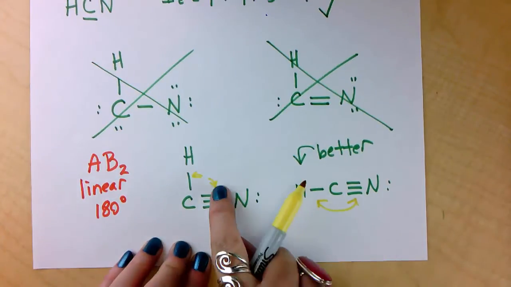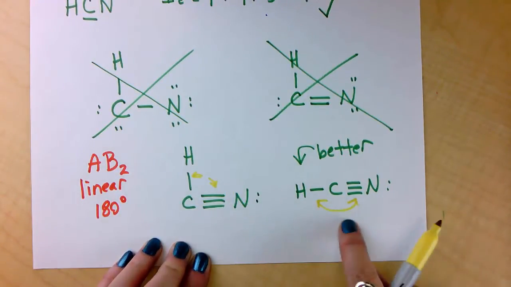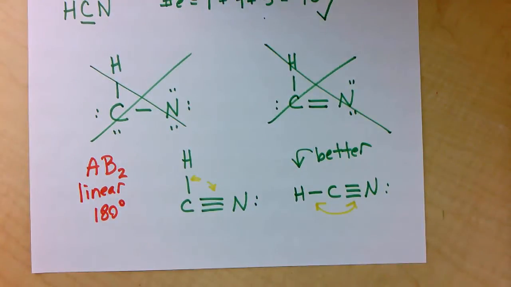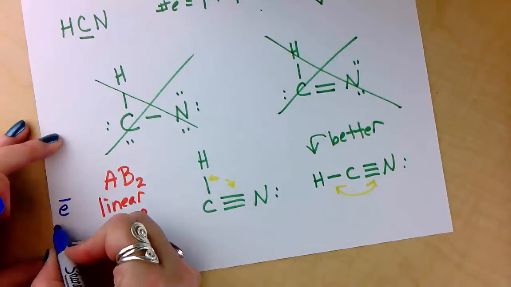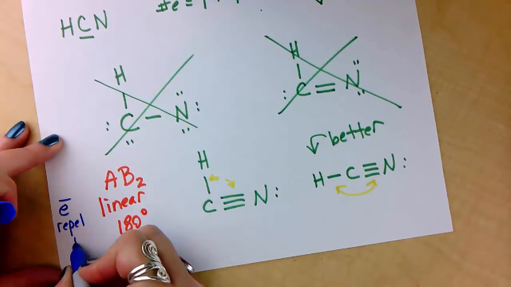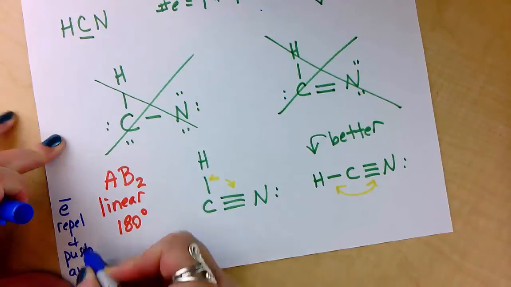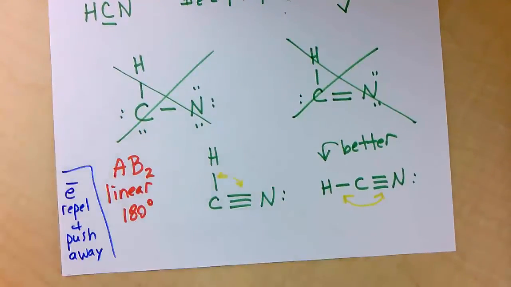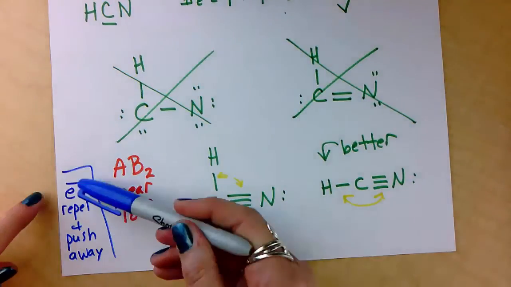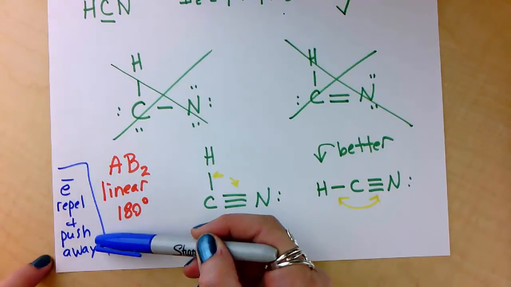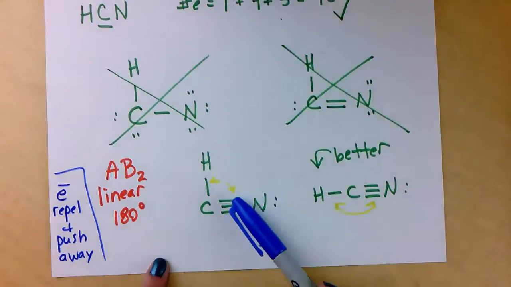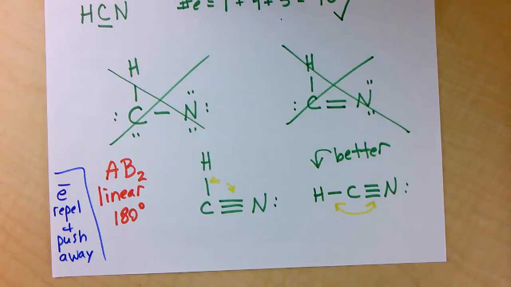So they're going to push apart to where they're the farthest away they can. So electrons repel. This is important to remember. That's why we have the shapes we do. So as a side note, I'd like you to remember that electrons repel and push away from each other. And that's why this would be linear instead.